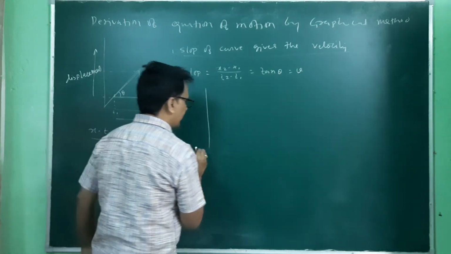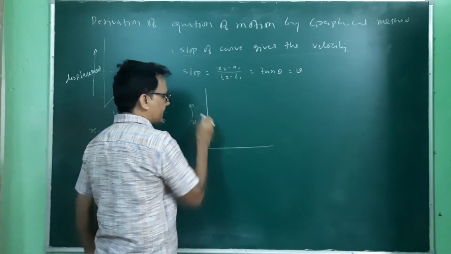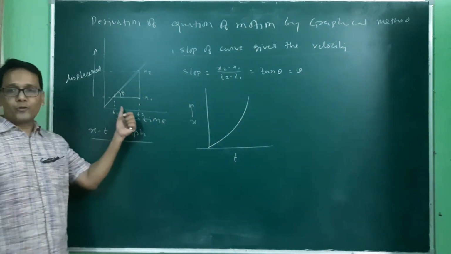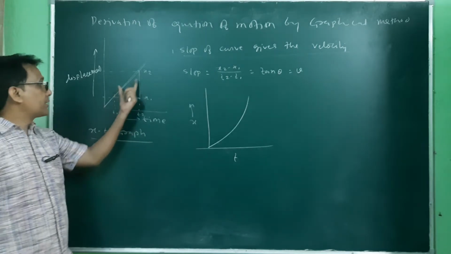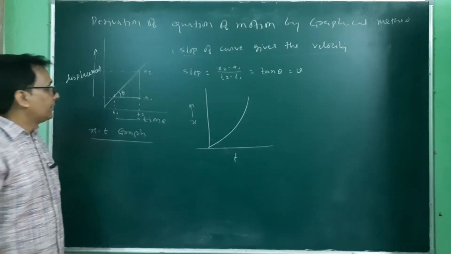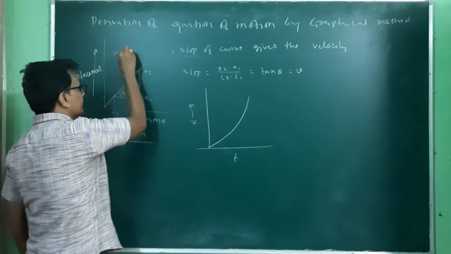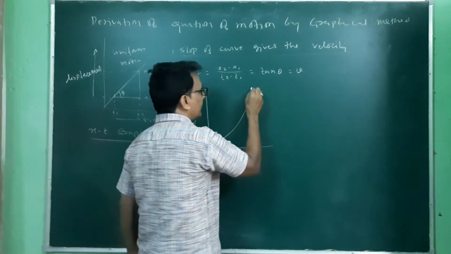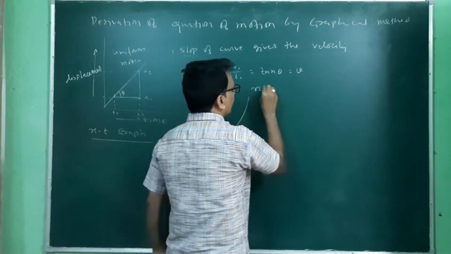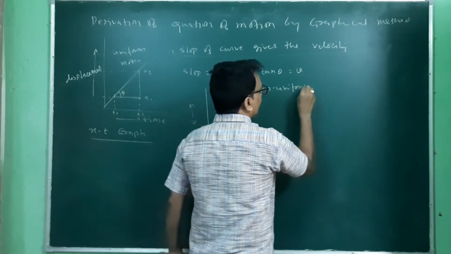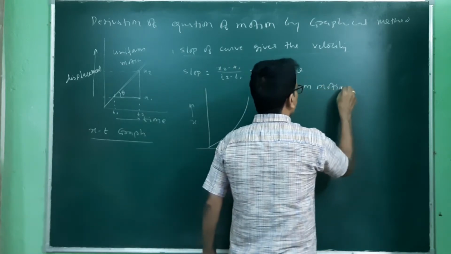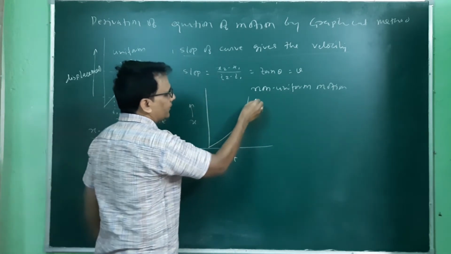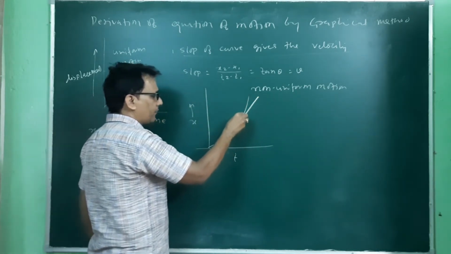If this is x and this is t, this is uniform motion, where the distance traveled is equal in equal time, and this is non-uniform motion. So if this is the curve, then we take the slope in the form of a tangent at a particular point.